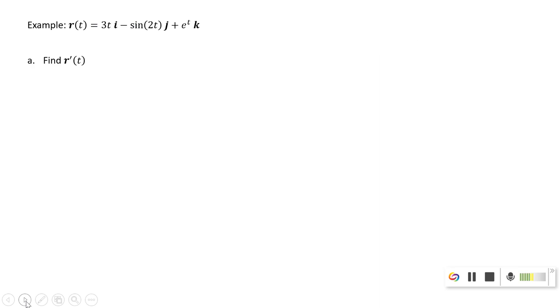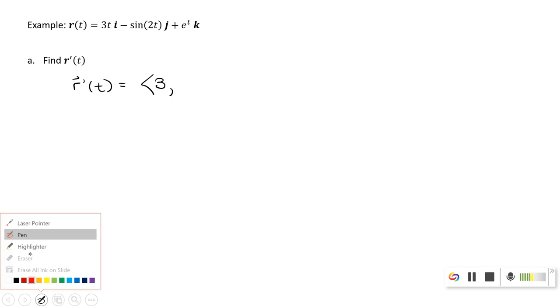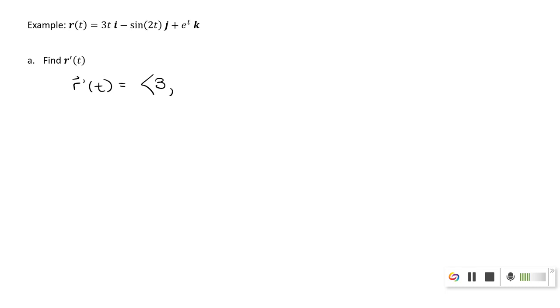So if I want to find the derivative of the function 3t i minus sine of 2t j plus e to the t k, my derivative is going to be a new vector-valued function. So my derivative is going to be a vector, and I just take the derivative of each of those components. For the i component, we've got 3t, and the derivative of 3t is just 3.